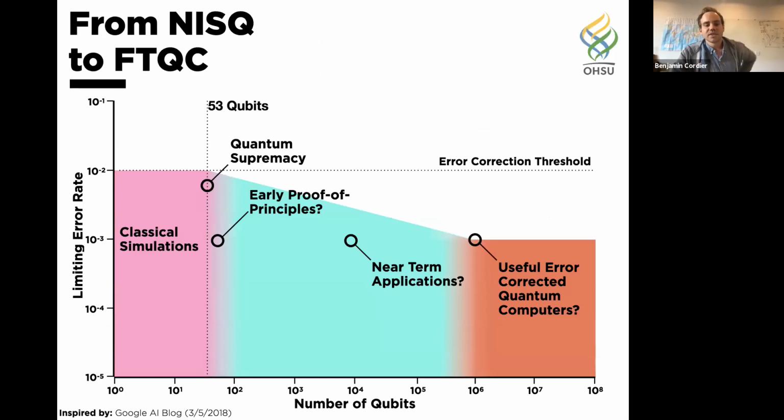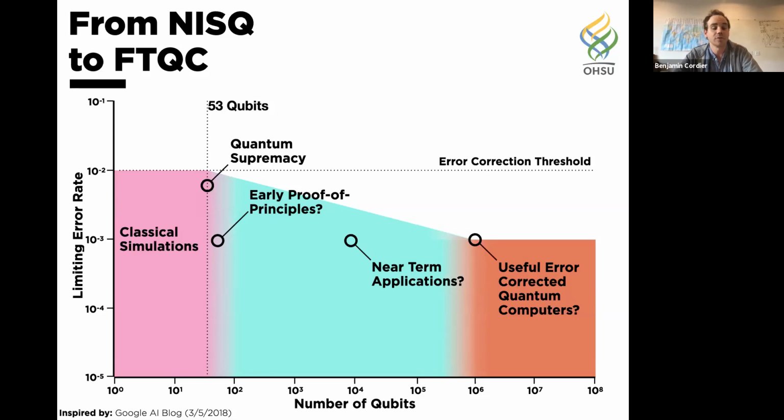So this is a bit of an older slide, but it's this idea of how do we get from NISQ to fault-tolerant quantum computing, and what does that look like in terms of applications? We saw in 2018 that 53 qubits was sufficient to demonstrate the first quantum supremacy. I'm sure there'll be other examples of quantum supremacy to come.